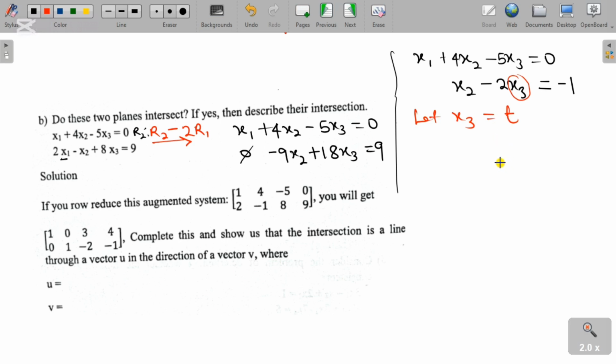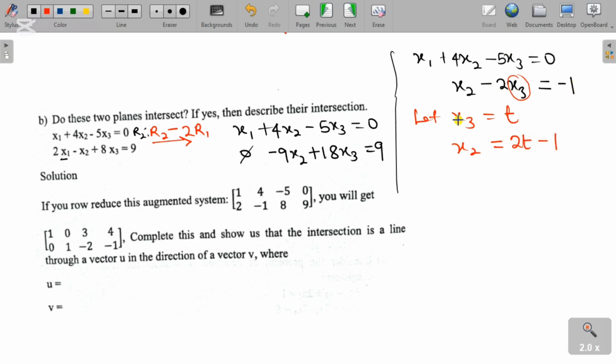But then we have 2 pivots, so you can give it a name. So what will happen is that your x2 from equation 2 is now going to be equal to minus 1, and here is now minus 2t. So this minus 2t coming over will become positive 2t, and then minus 1.